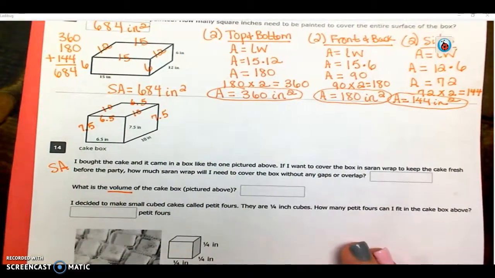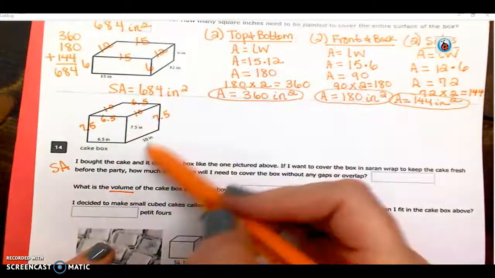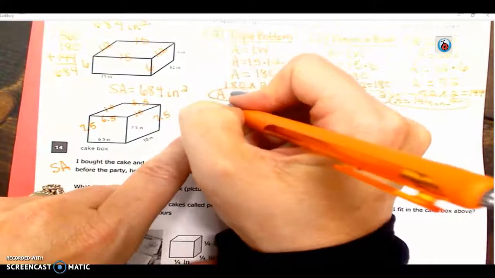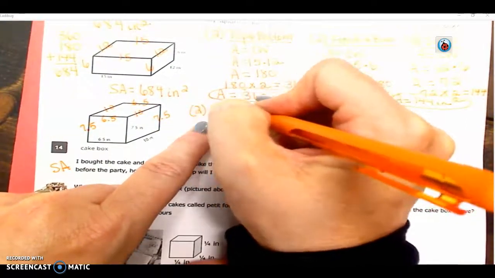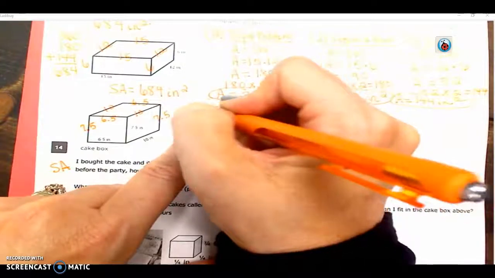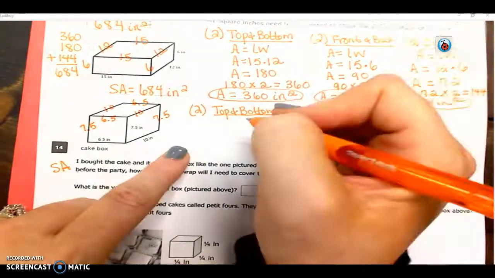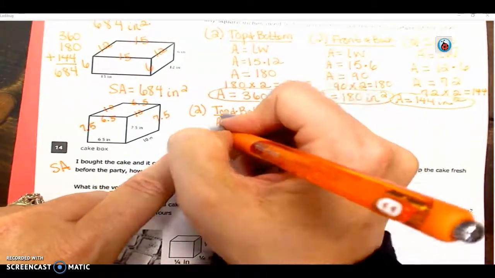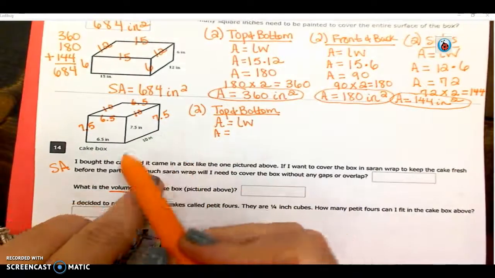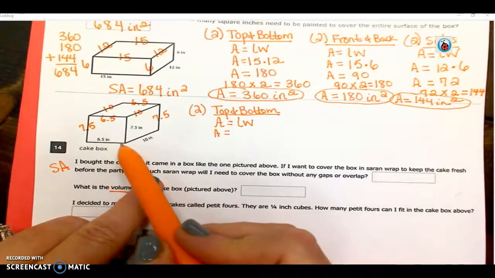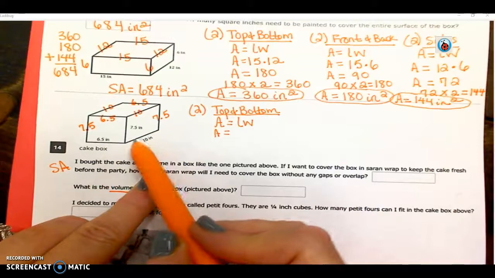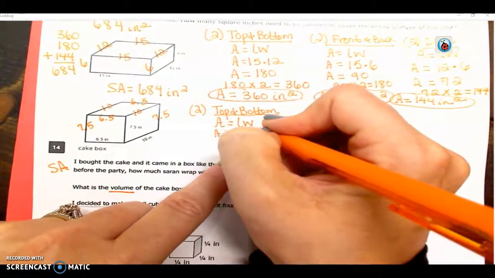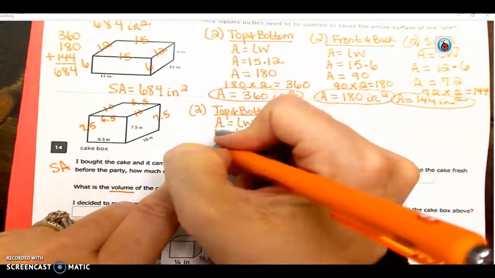Okay, so I'm going to go ahead and start with the top and the bottom since those are the same. So that's going to be two that are the same, top and bottom. We know that they are in the shape of a rectangle. So area equals length times width. If we go ahead and look, we know that we have 6.5 by 10, 6.5 by 10. So 6.5 inches by 10 inches.